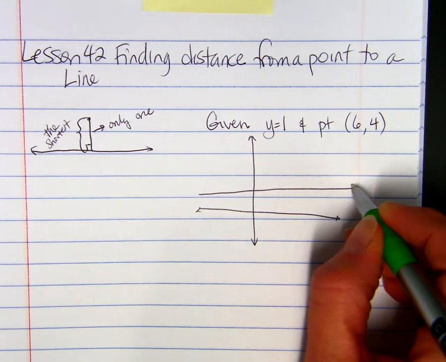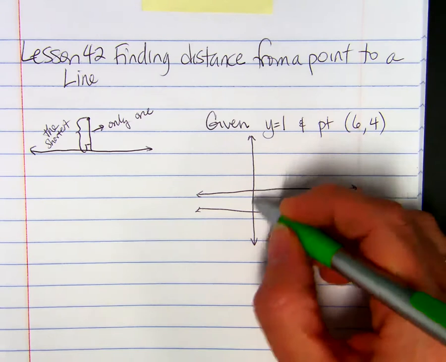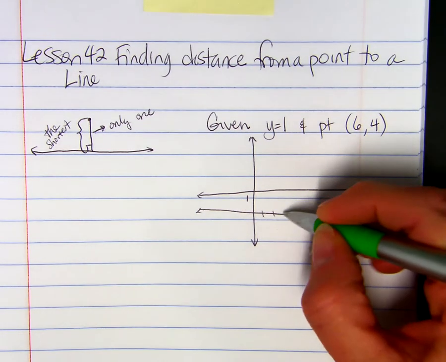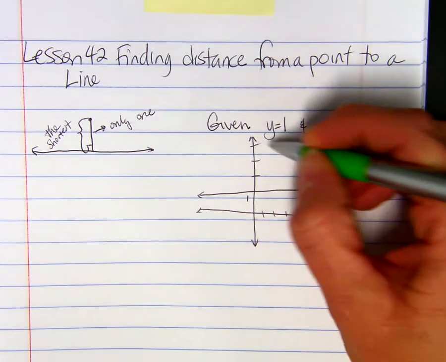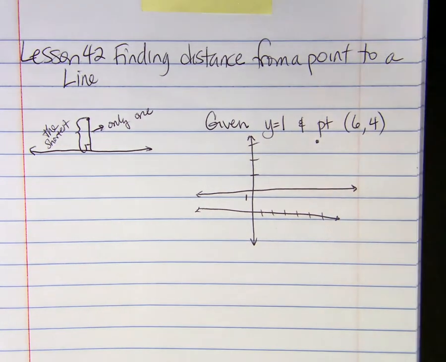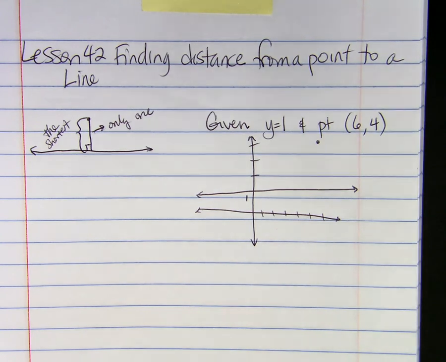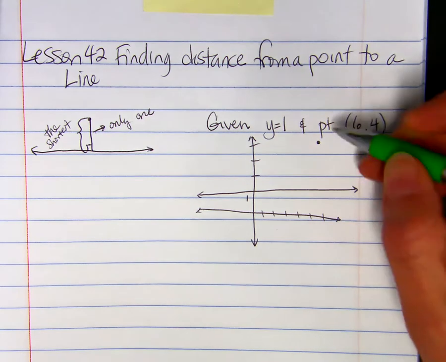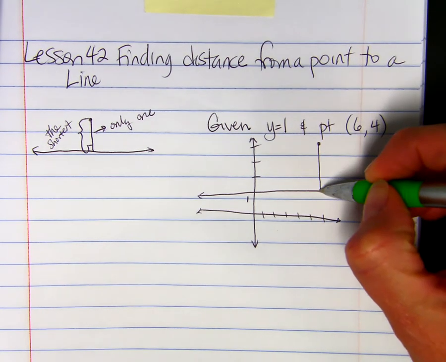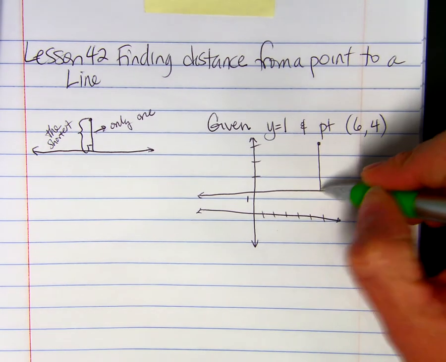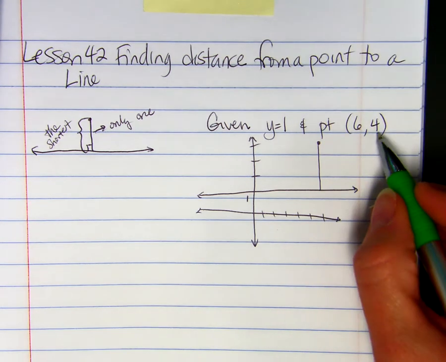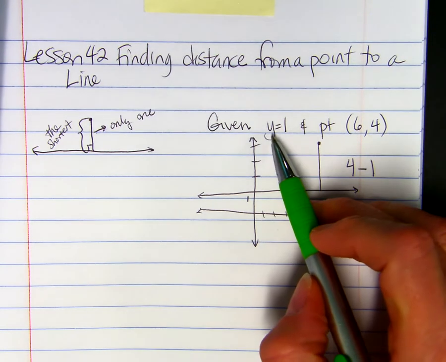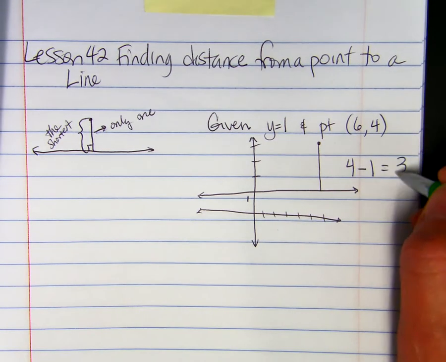So this is y equals 1, the point 6, 4 is right there. The perpendicular distance will be a vertical line. So it's just how many units from the 4 to the 1? 3. So you can just take your y from your point, subtract the y in your line, and get 3.